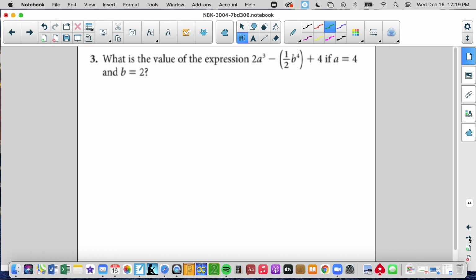We went over that. Number 3, what is the value of the expression 2a cubed minus the quantity of 1/2 b to the 4th plus 4 if a is 4 and b is 2? So we're going to substitute values in for the variables.